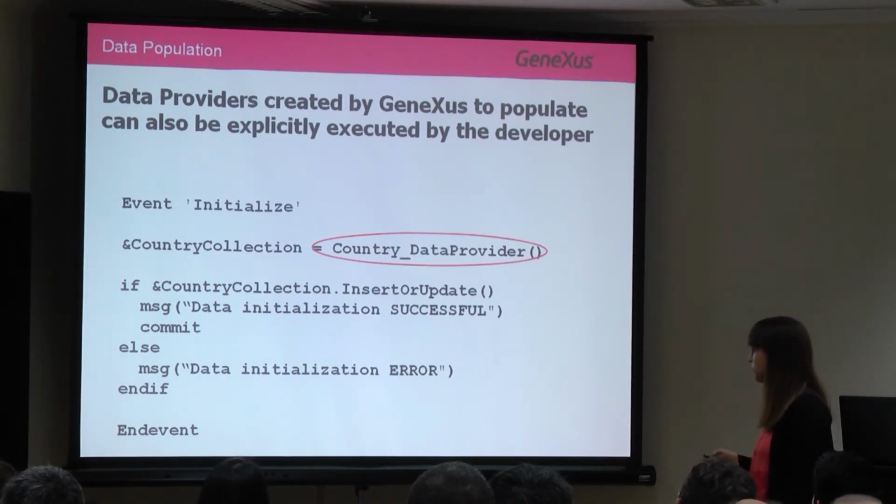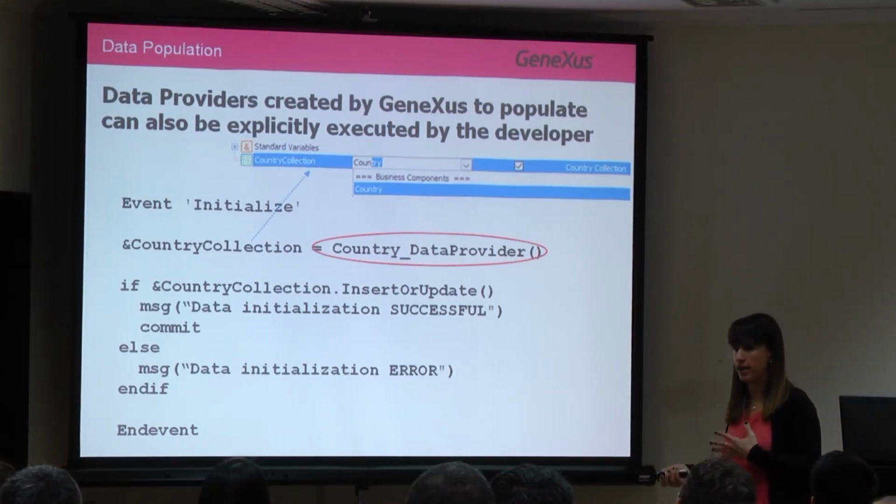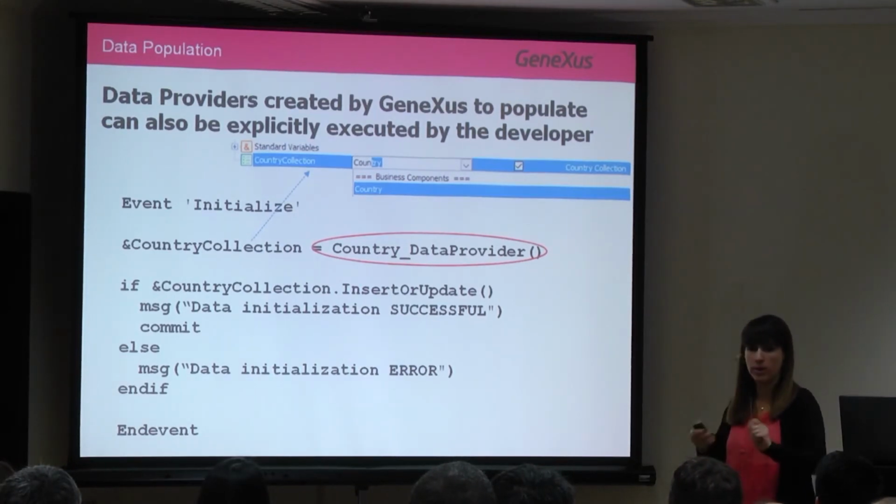Now, let's see what type of variable this is. That variable, country collection, is of the business component, country, and I said it's a collection. Why? Well, because in a data provider that was automatically generated, I didn't put in a collection or a variable of SDT type.